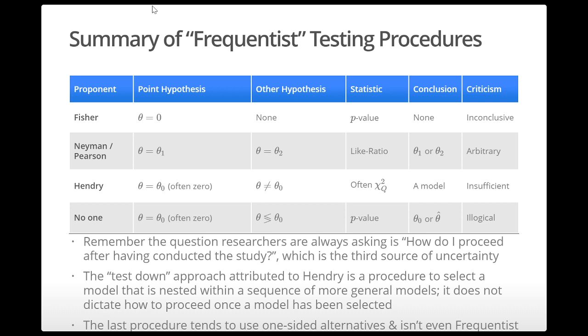The alternative hypothesis is that theta is in some interval. It's not exactly equal to the null value, and therefore if you reject the null hypothesis in favor of the alternative hypothesis, then you should stick with the more general model instead of going to a special case that nests it.